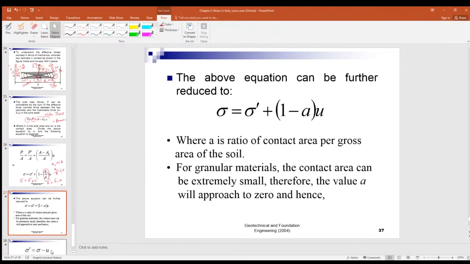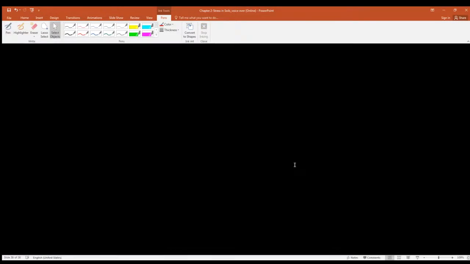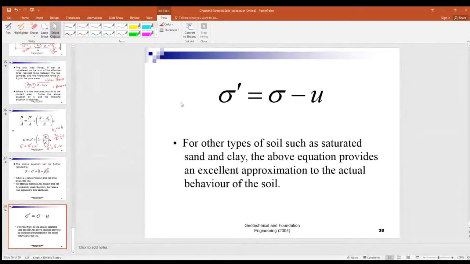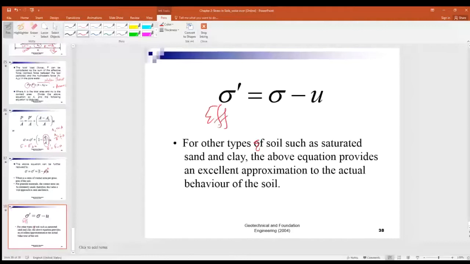So this equation has been confirmed. We have got this very important equation: effective stress equals total stress minus pore water pressure.